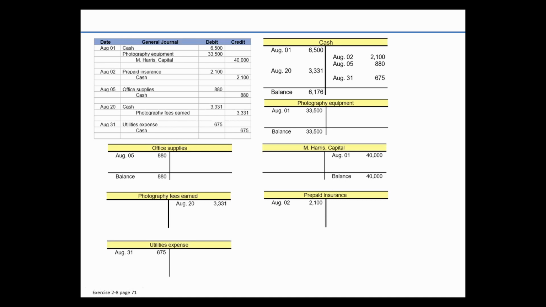We'll figure that out later, but we'd then have to expense how much of the office supplies she actually used. But for right now, we'll just bring it down. We'll talk about that later, probably the next chapter. And then photography fees earned, again, we'll just go ahead and bring that down. Same with prepaid, same thing with utilities.